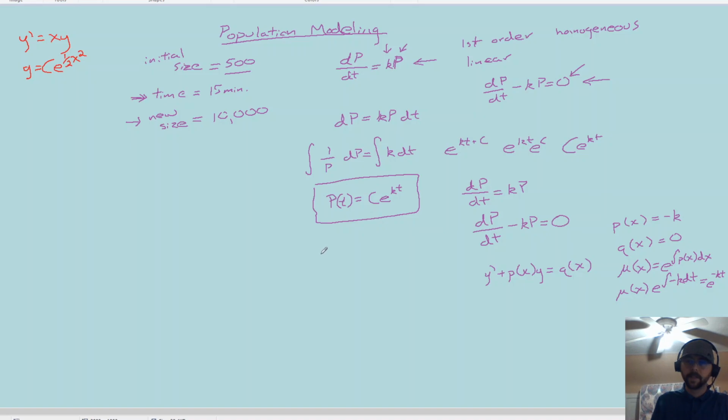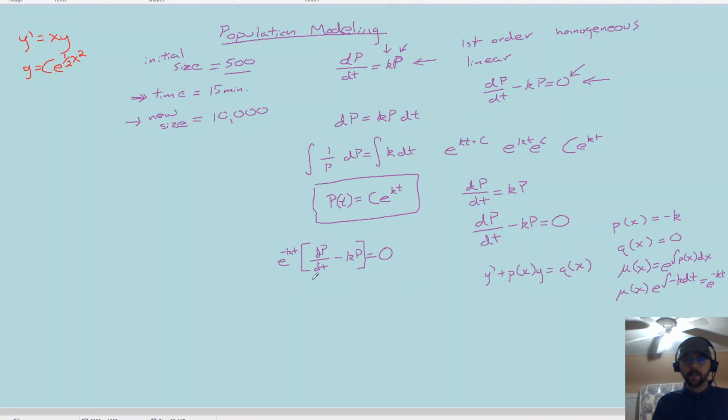So we'll get dP over dt minus kP, sorry, this side then should be multiplied by e to the negative kt. And then this side, which is 0 times e to the negative kt, equals 0, which is why I'm not sure if this is actually going to work out.